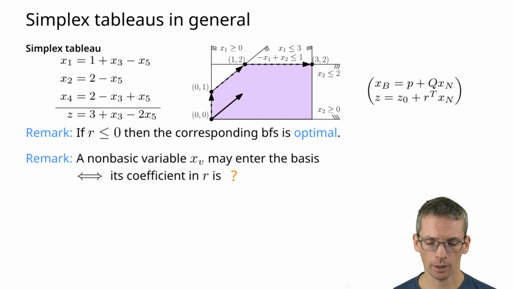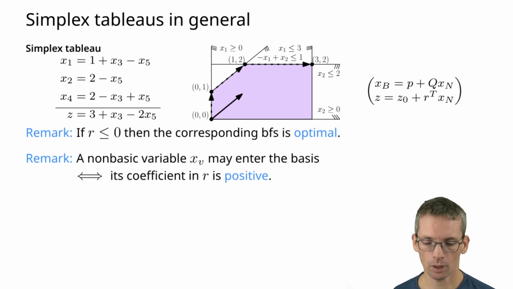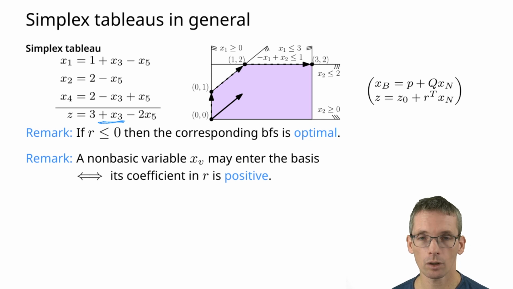Let's take another one. So if I have a non-basic variable, let's call it xv, it can enter the basis if its coefficient in R is positive. So only if it shows up positively here. Here this means the coefficient in R of x3 is 1, and therefore I can swap it in.